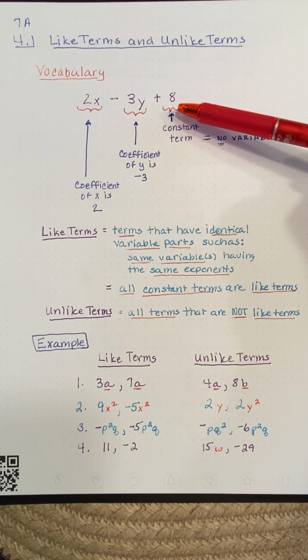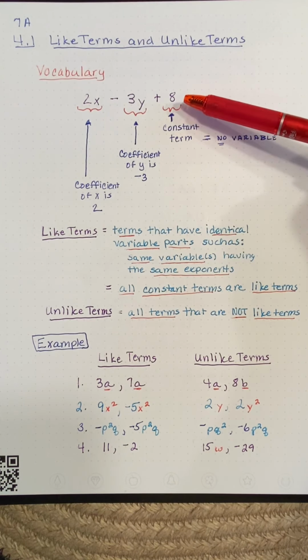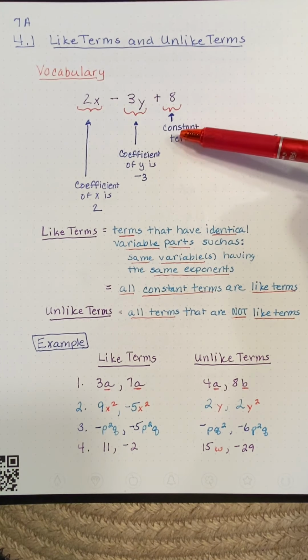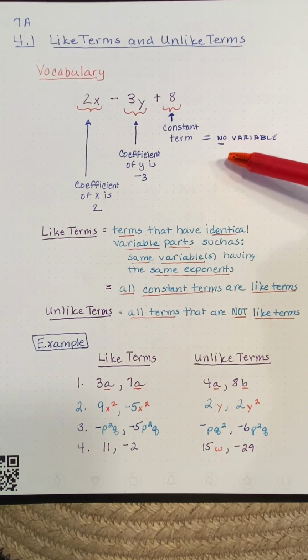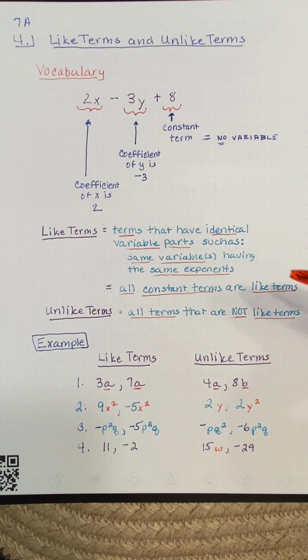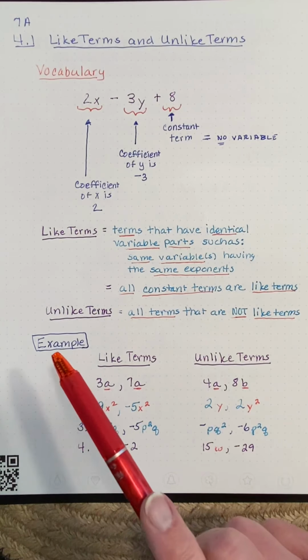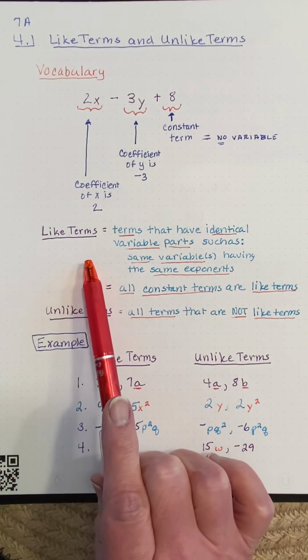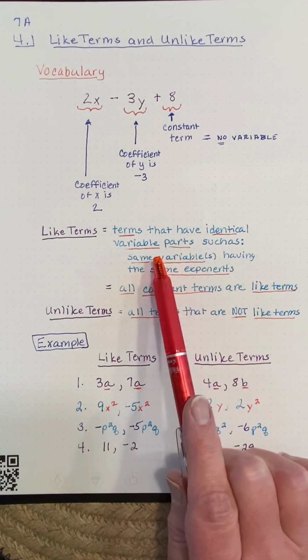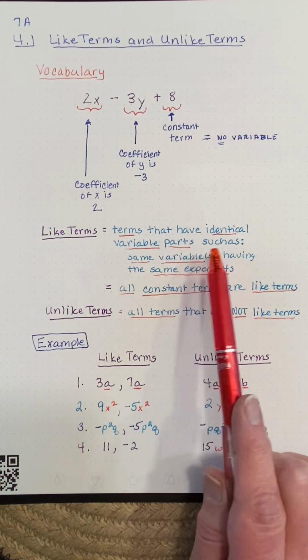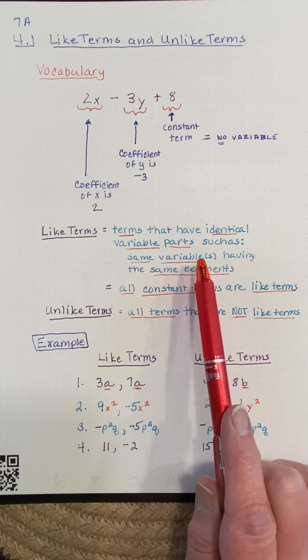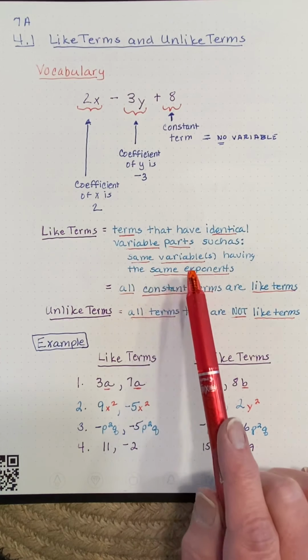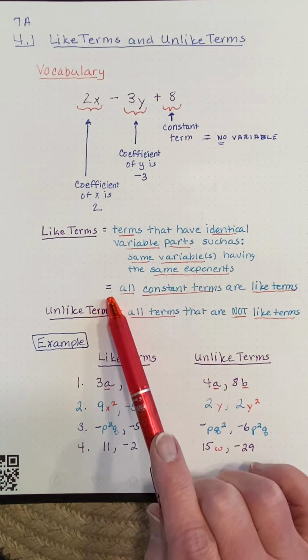And in this case, where there is no variable at all, the numeral itself is simply called a constant term. So constant means no variable. The title of our lesson says like terms and unlike terms, so we need to identify those also. First of all, like terms are terms that have identical variable parts, such as some variable or variables having the same exponents.